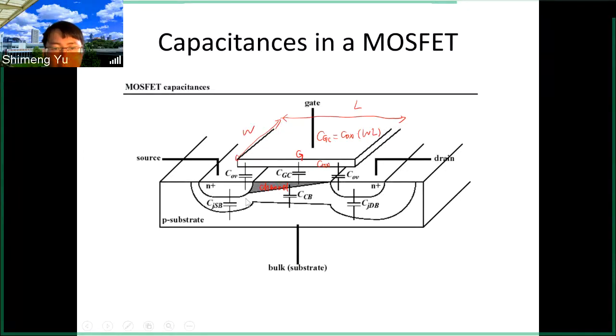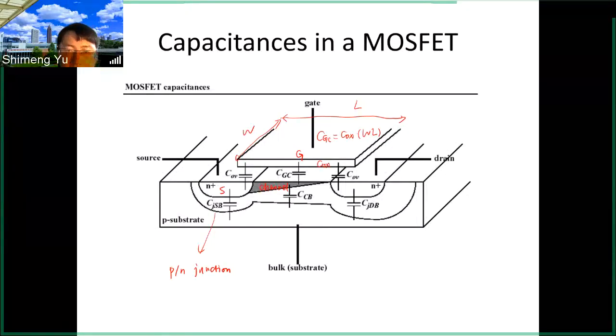But there are many other capacitances as well. For example, here we have this junction capacitance, Cj. This is a PN junction capacitance. Because this is MOS, the source is N-type and the body is P-type.